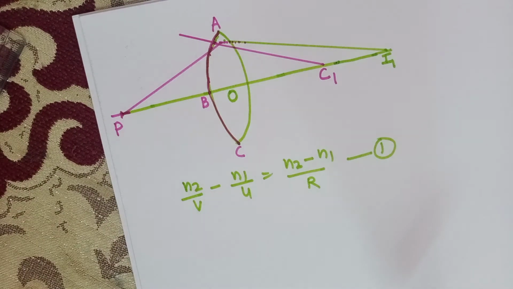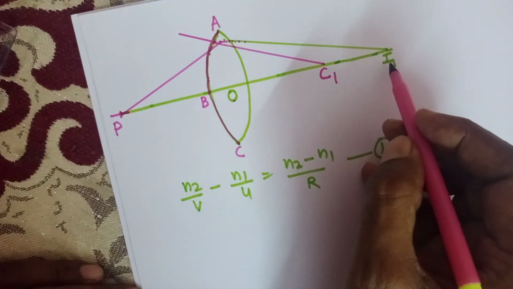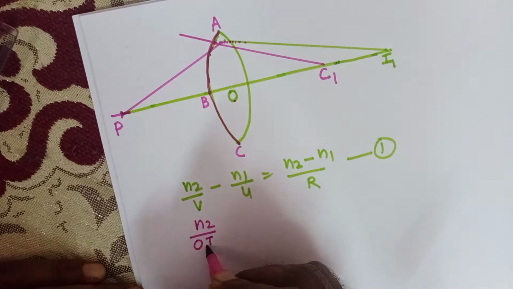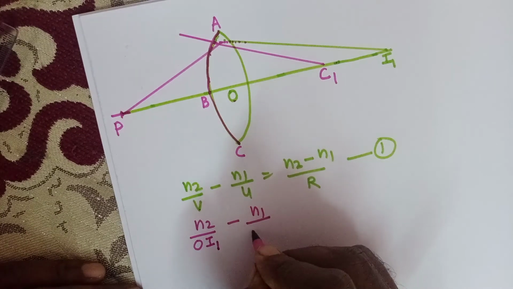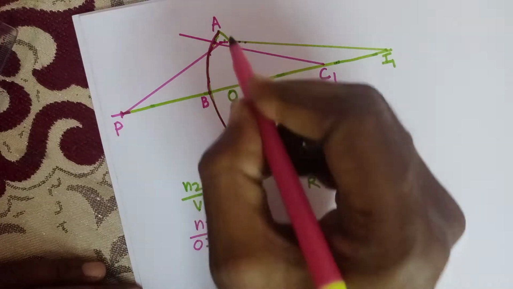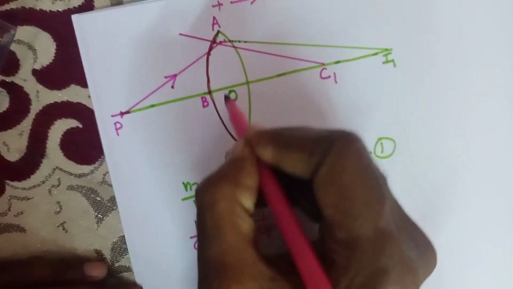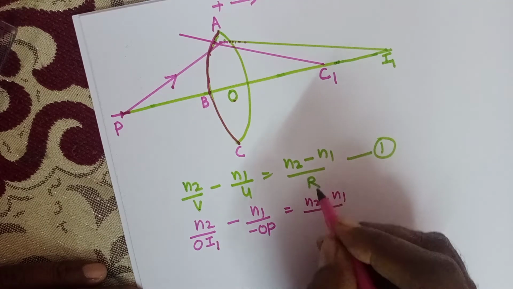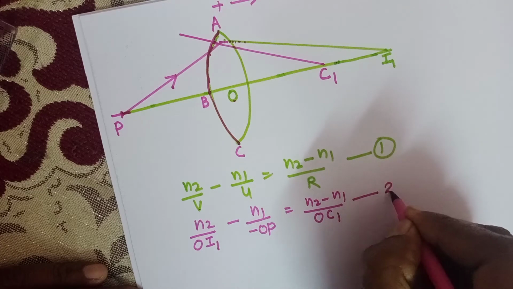But here V is OI1, so N2 by OI1 minus N1 by minus OP, because the ray is going this side. This direction is positive, this direction is negative. N2 minus N1 by OC1, equation number 2.